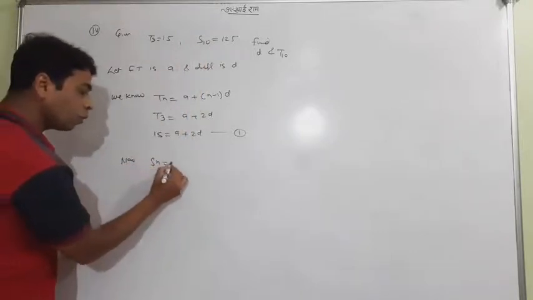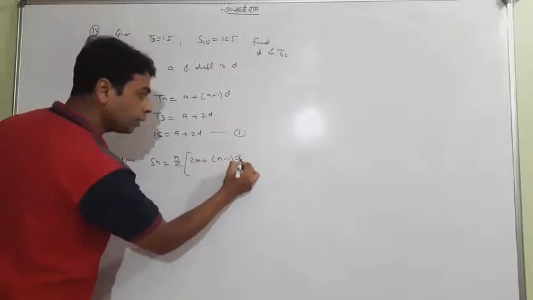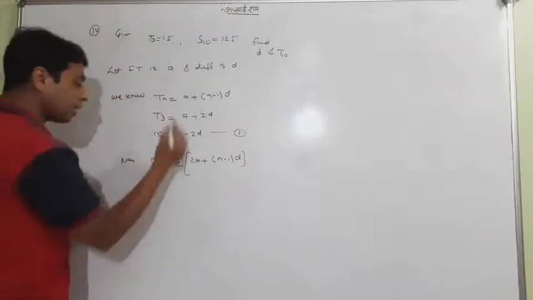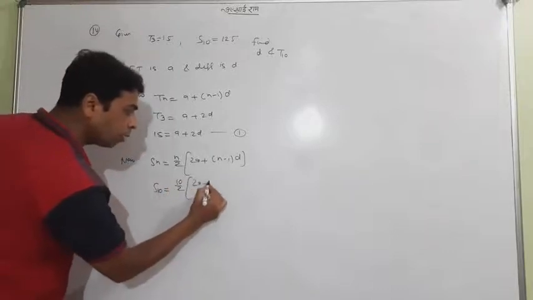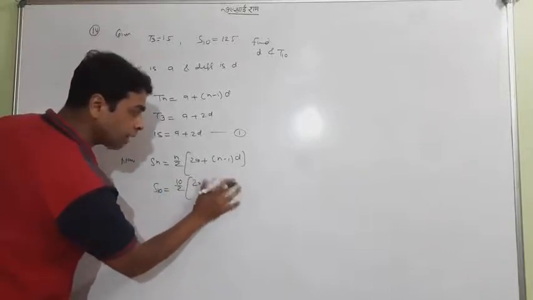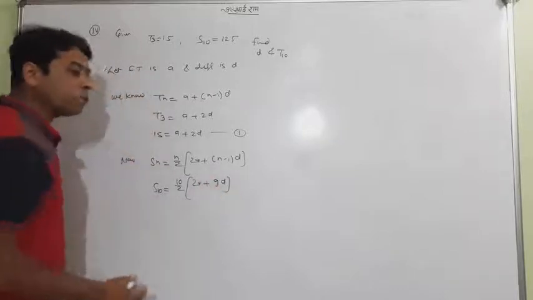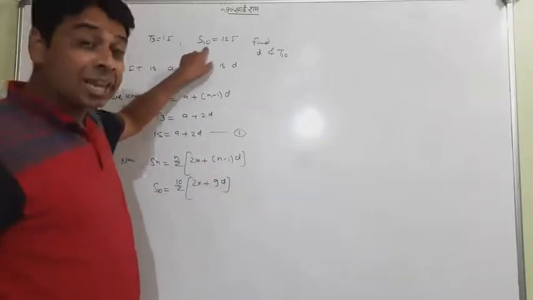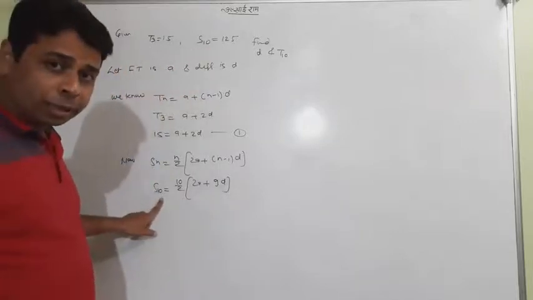Sn equal to n by 2 into (2a plus (n minus 1) into d), where S10 equal to 10 by 2 into (2a plus (10 minus 1), which is 9d). Actually it depends on what is given. S10 was given, so I specially put n equal to 10.